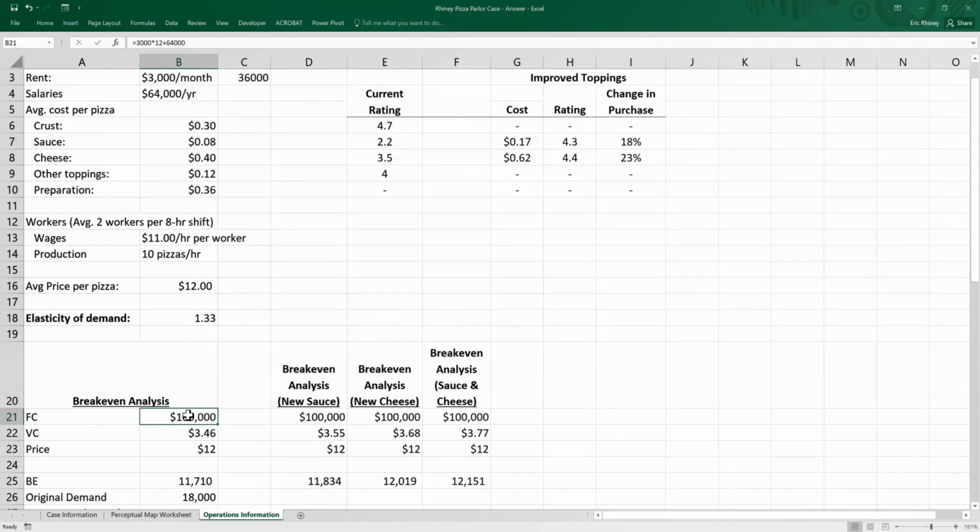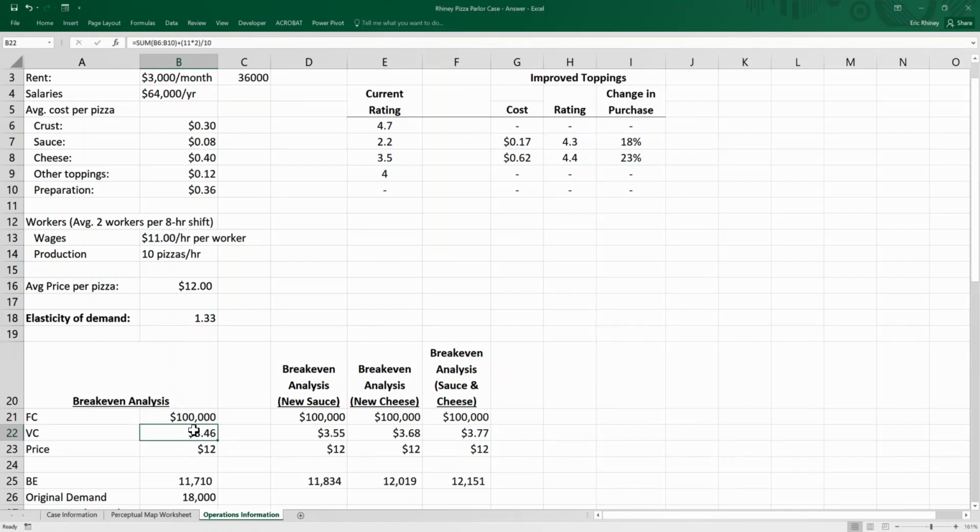We can make 10 pizzas, we can make 500 pizzas. We still have to pay this. Our variable cost is going to shift depending on the number of pizzas that we make. So our total variable cost is going to shift depending on the number of pizzas we make and the variable cost per pizza.